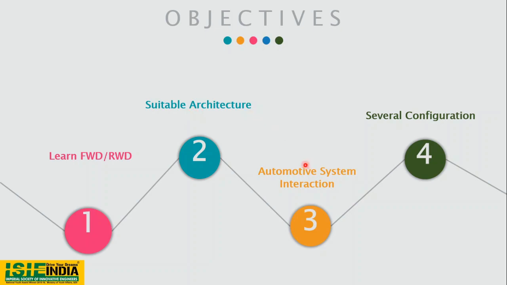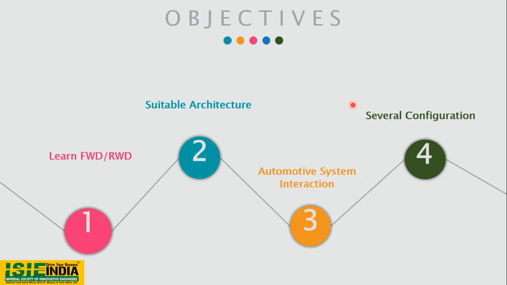We'll also try to understand how there is a flow of power from the battery to the motor and from the motor to the driveline systems, and we'll check several configurations of front wheel drive hybrid systems, rear wheel drive hybrid systems, or fully electric hub mounted systems.